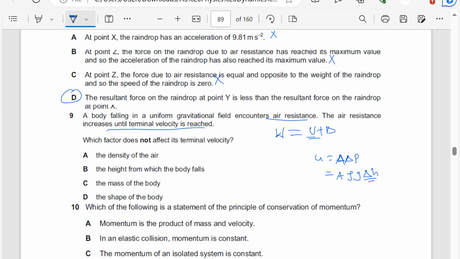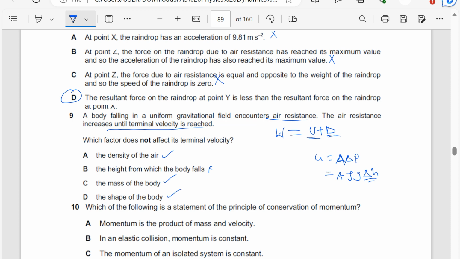So which factor does not affect the terminal velocity? The density of the air, this one affects. The height from which the body falls, this one does not affect. The mass of the body, of course, the mass affects the weight. So that one affects terminal velocity. The shape of the body, the shape affects the drag force or air resistance.